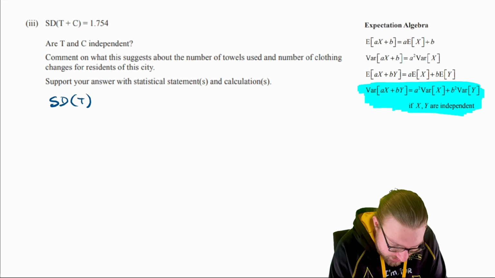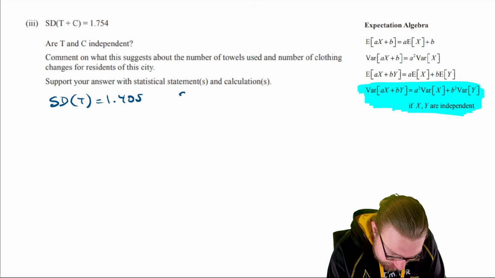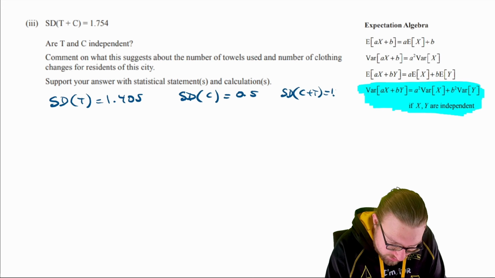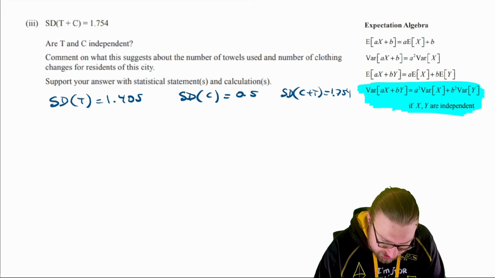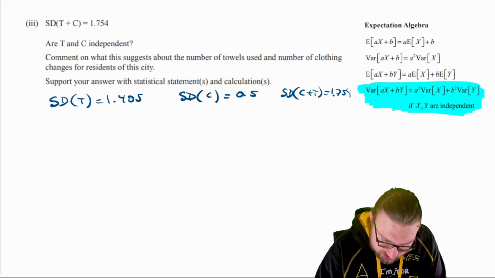However, in this case, we have the standard deviation of T, 1.405, if I remember correctly. The standard deviation of C was 0.5. And the standard deviation of C and T together is 1.754. Now, this is the information we have, so let's look at what this expectation algebra formula means.